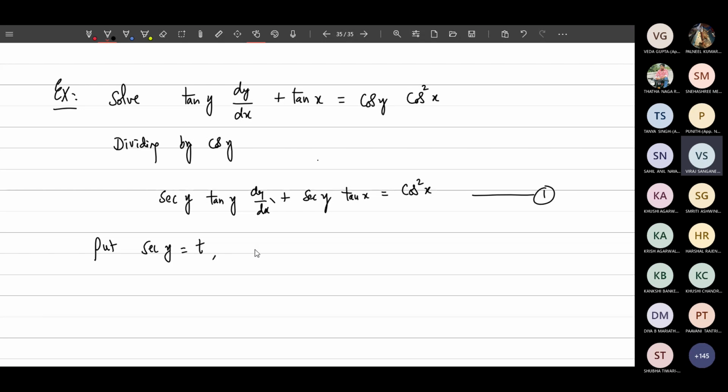If this is t, then secant y tan y dy by dx is dt by dx.